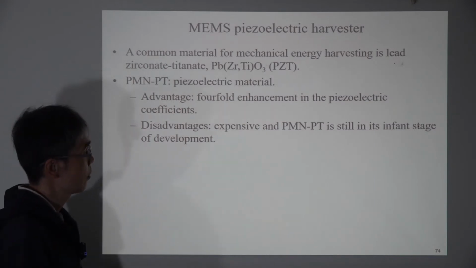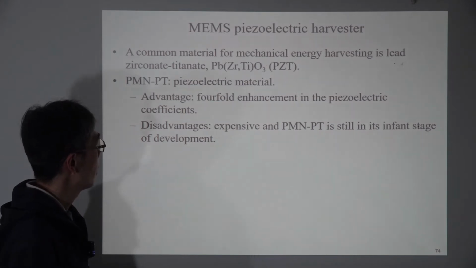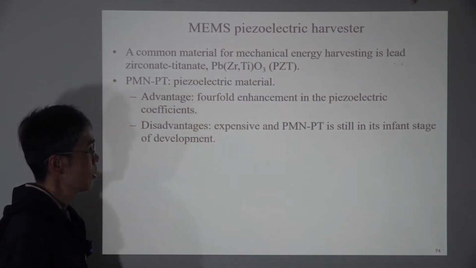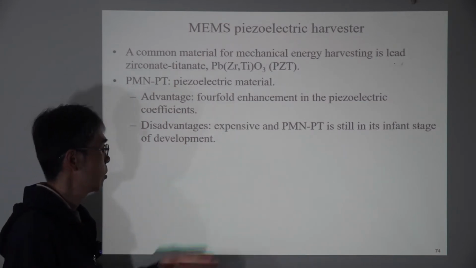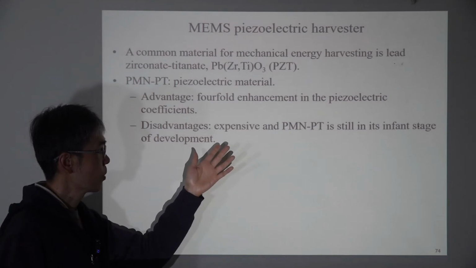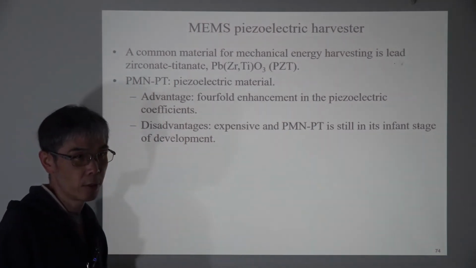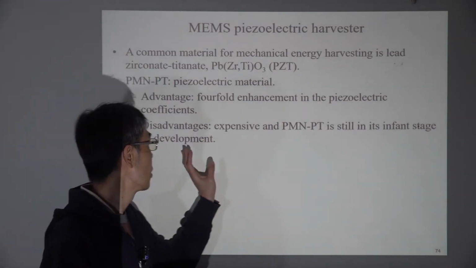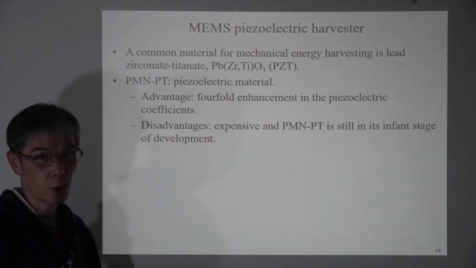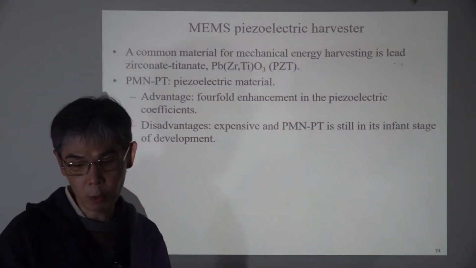So they found this material, PMN-PT. It has a fourfold increase in the piezoelectric coefficient, which is good. But because it's not used a lot, it's relatively new, still in the development stage. So the cost is quite high. That's the disadvantage of this material.